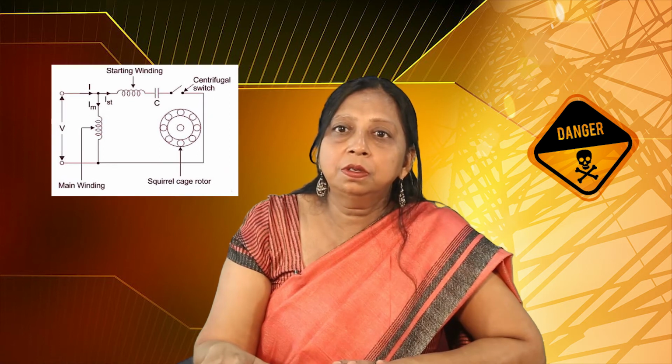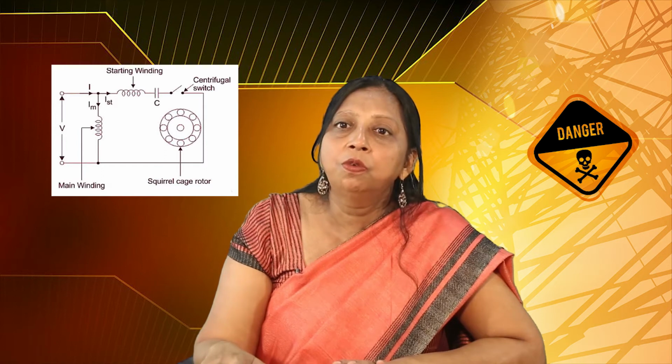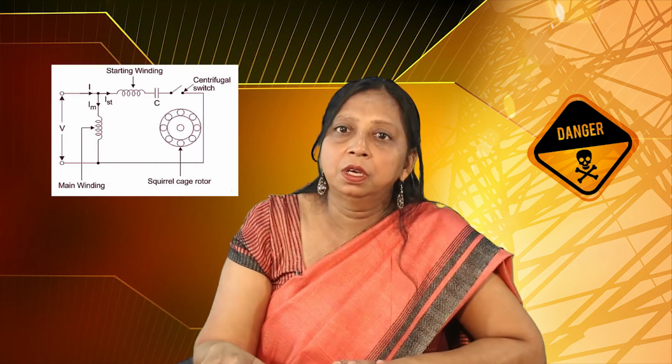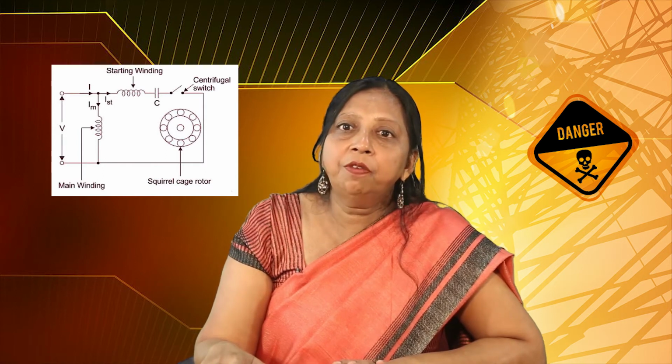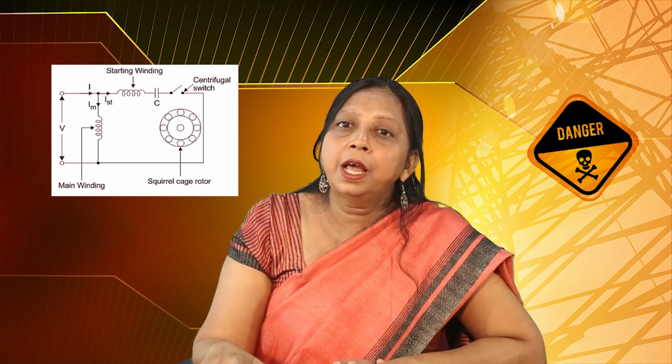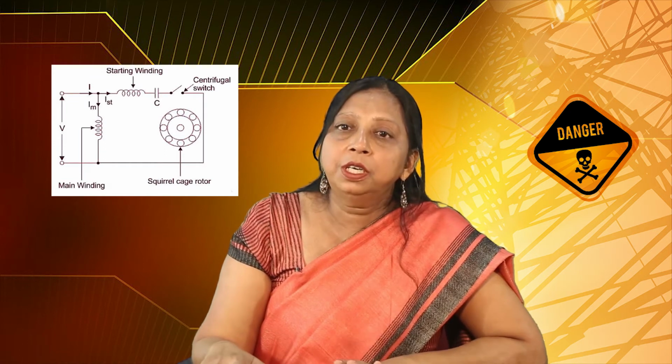Once we know the construction of the capacitor start motor, we can draw the phasor diagram. As I told you in the previous slide, first we draw the single phase supply V on a horizontal axis. Because the main winding is inductive, IM, the current flowing in the main winding, will lag the supply voltage by some angle.